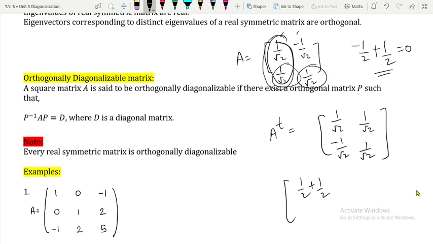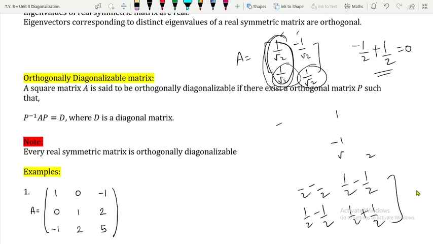Next, 1 upon root 2 multiplied by 1 upon root 2 will be half, and minus 1 upon root 2 multiplied by this will be minus half. Similarly, over here we will get half minus half, and over here you will get half plus half, and you can see it is the identity matrix. Similarly, you can check that A transpose A is also the identity matrix, isn't it?